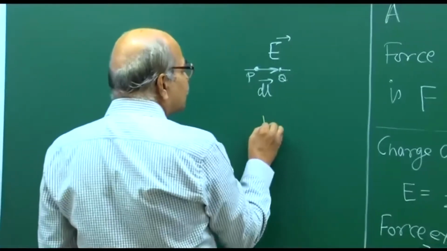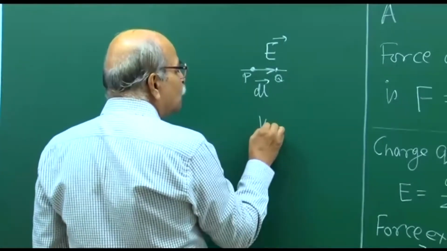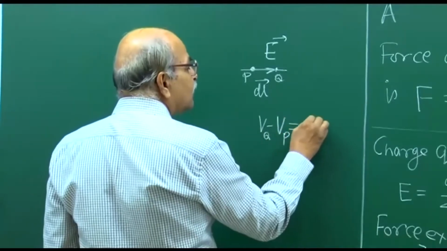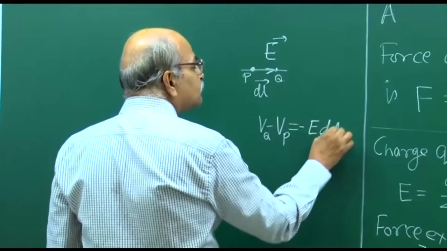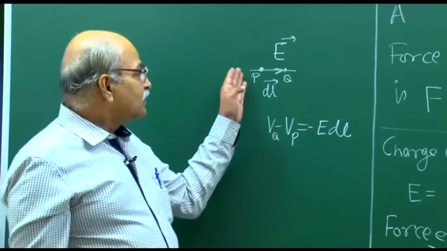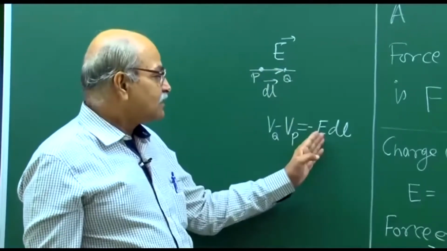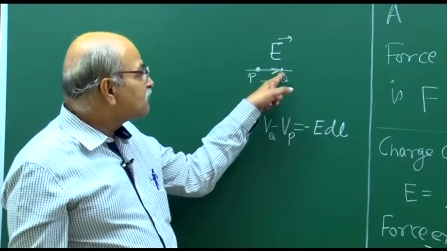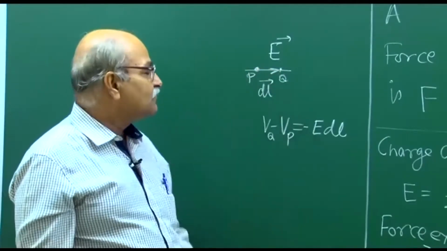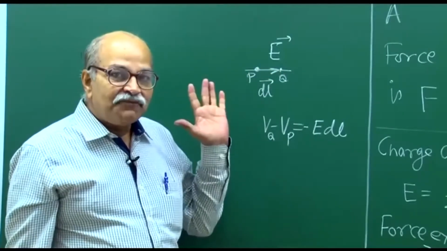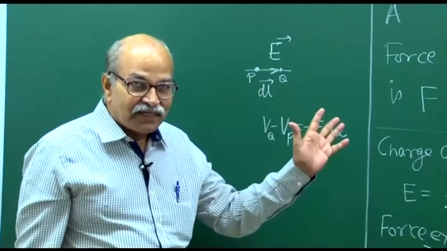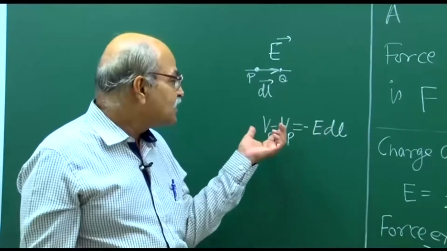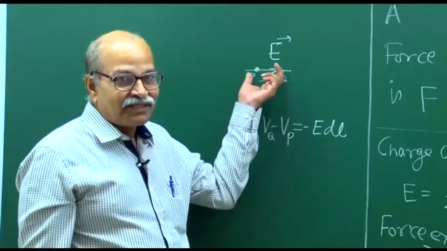So, we will say that V at Q minus V at P will be minus E dot dl. If we are going in the direction of the electric field, just E into dl with a negative sign will be the potential difference VQ minus VP. That means, if we are going in the direction of electric field, the potential decreases, and this is the potential difference between these 2 points.